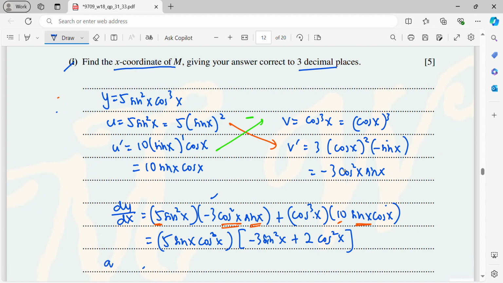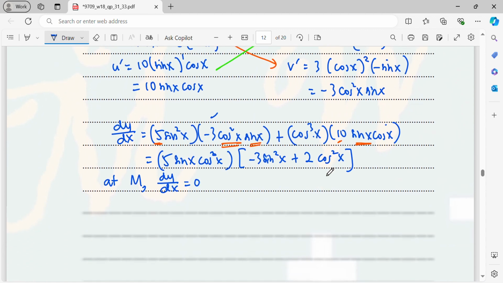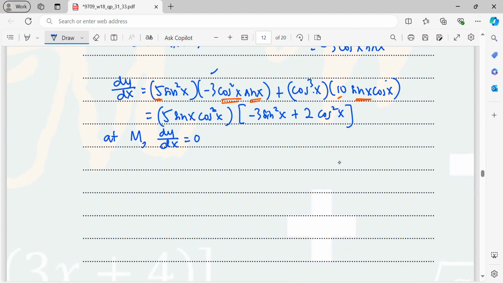Now you write at M, because M is a maximum point, therefore dy/dx equals 0. So when this is equal to 0, that means 5 sin x cos²x times the bracket equals 0.